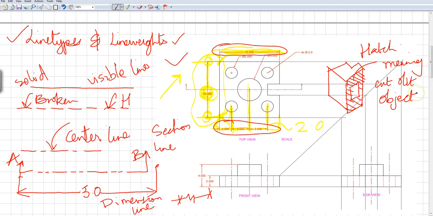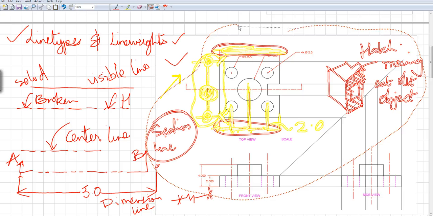And this would happen when I am using my section line. So maybe I can just show you what exactly the hatch means.